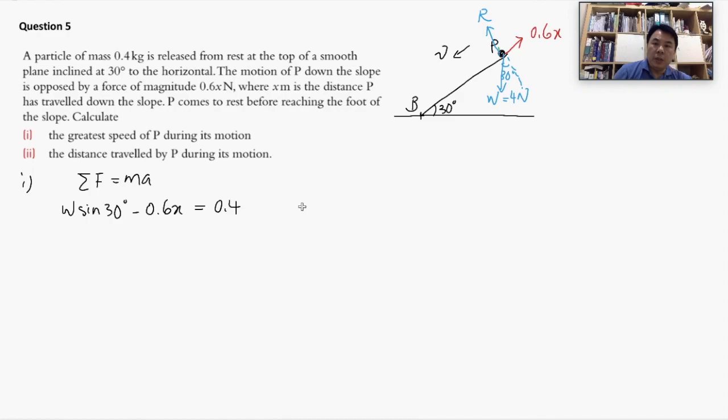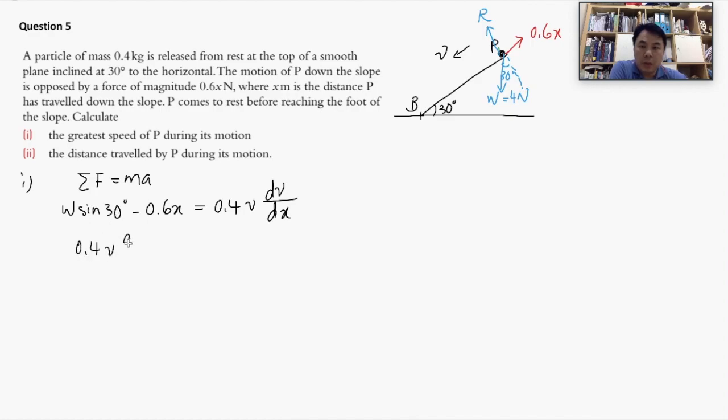Acceleration, greatest speed during its motion. Is there any other information that we have? Not much, but I can write this as v dv/dx. Then I'm going to substitute all the values that I have. This is 4 sine 30, sine 30 is a half, so this becomes 2.